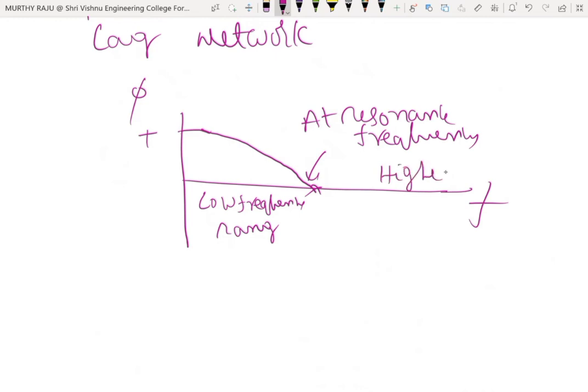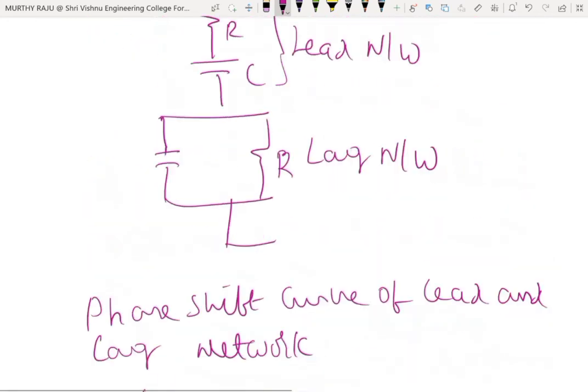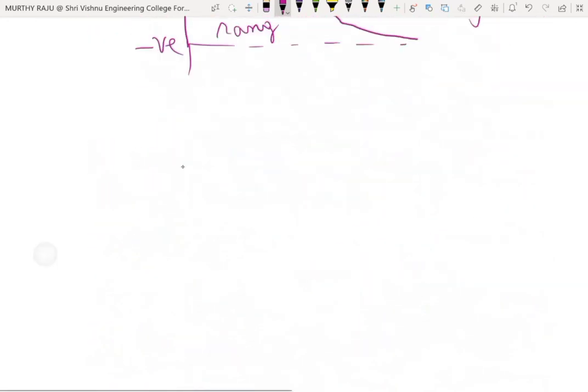At the high frequency range, the phase shift is negative. At resonance frequency, the phase shift introduced by this lead lag network is 0.